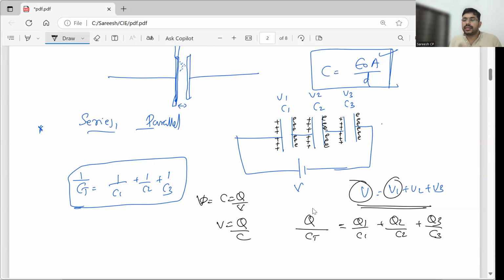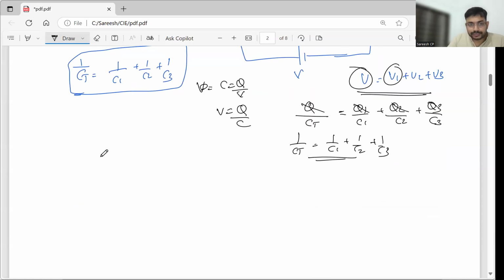But we know that when capacitors are connected in series, the charge on each capacitor will be Q. So this is all going to be Q, so I can cancel this one. So 1 by C total is equal to 1 by C1 plus 1 by C2 plus 1 by C3. This is how, when we connect capacitors in series, the total capacitance actually decreases.